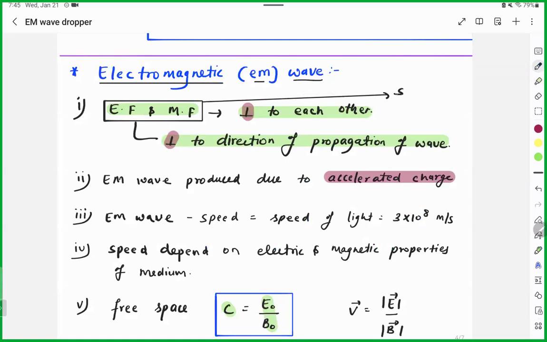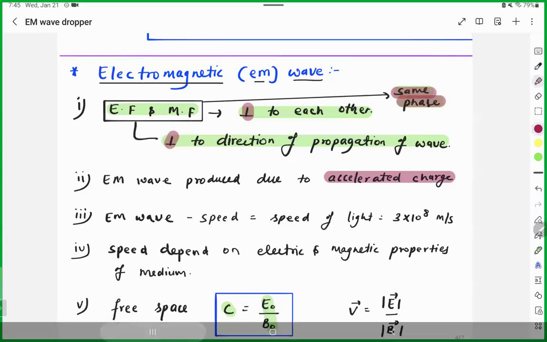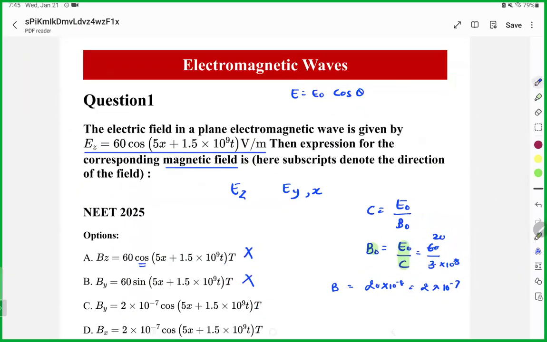They are present in same phase, same sign, same phase. So when they are present in same phase, everything else is same, 5x plus 1.5 10 raised to power 9, everything is same. You need to know whether it will be in the x axis or y axis.